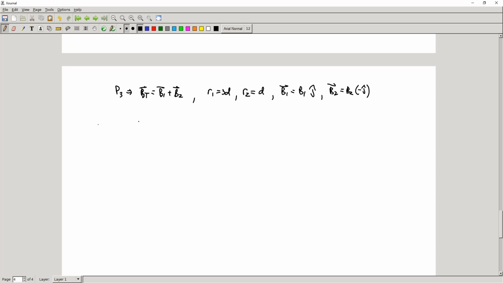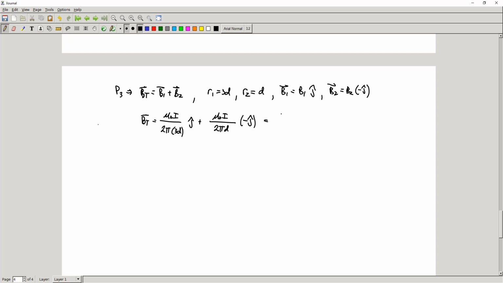Now it's just a matter of simple substitution, so our BT is going to be equal to mu naught I over 2 pi 3d, like that, in the j hat direction, and our second term is going to be mu naught I over 2 pi d in the negative j hat direction. Okay, and so we can add these up. I can factor out the leading terms here.